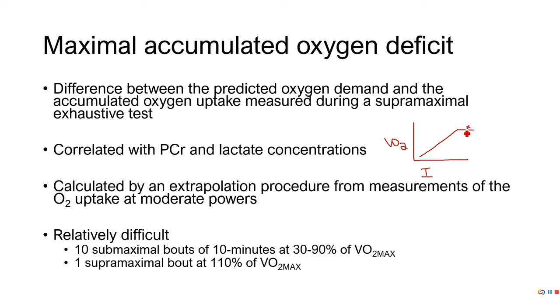Well, based on the prediction, you should actually be up here. That line should be straighter. And so we say this is your oxygen deficit. Okay, and so we'll discuss this in a little more detail in class to help it make sense, but at least I want to give you the idea of what kind of methods we've got to measure anaerobic capacity.